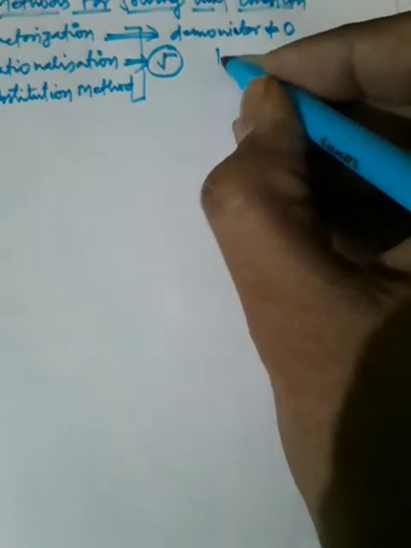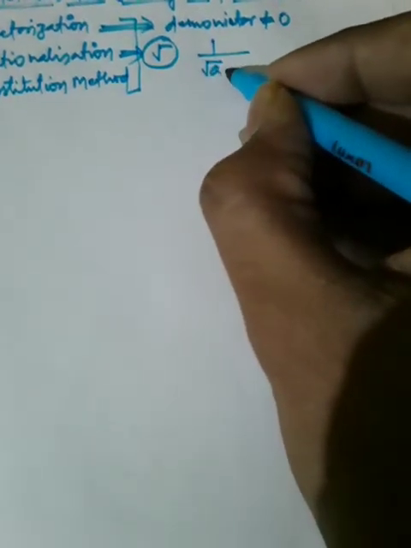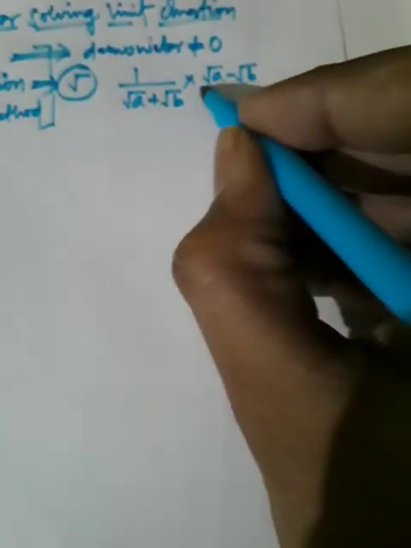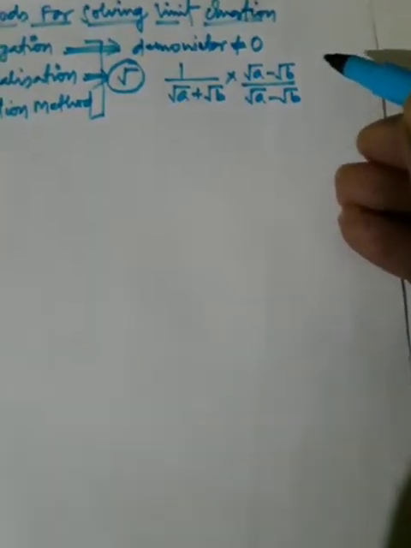You must have read, for example, if 1 by root a plus root b, if the problem is like this, what we do, we rationalize it by multiplying it with the opposite sign. We rationalize to make the problem easier for our solution.